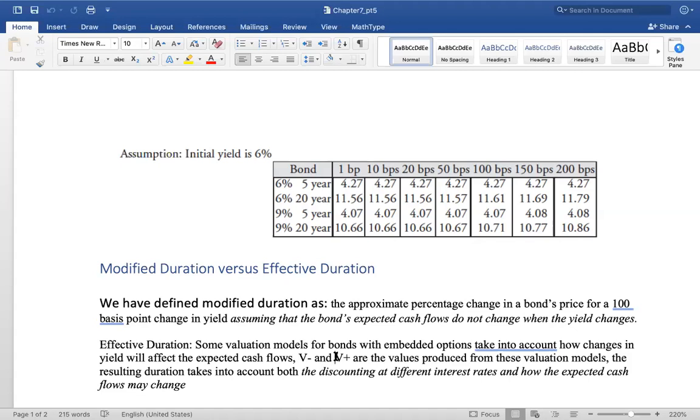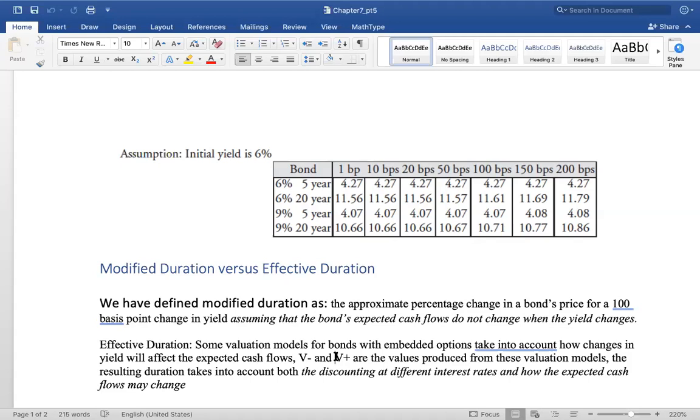In short, effective duration is very important for bonds with embedded options. Remember, for call options and put options, those options can really change the cash flows, not only the YTM but also the cash flows of those bonds.